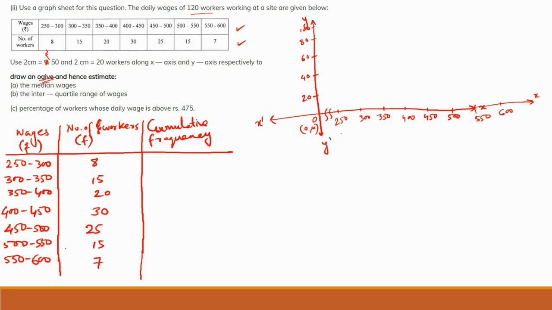Now you have to find the cumulative frequency of this range, right? For 250 to 300 the cumulative frequency is 8. For the next one you consider the previous 8 and add this 15.